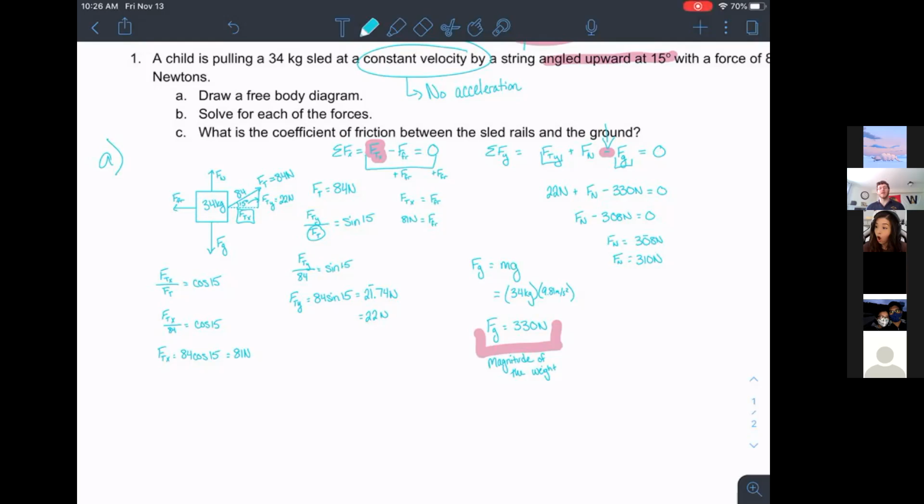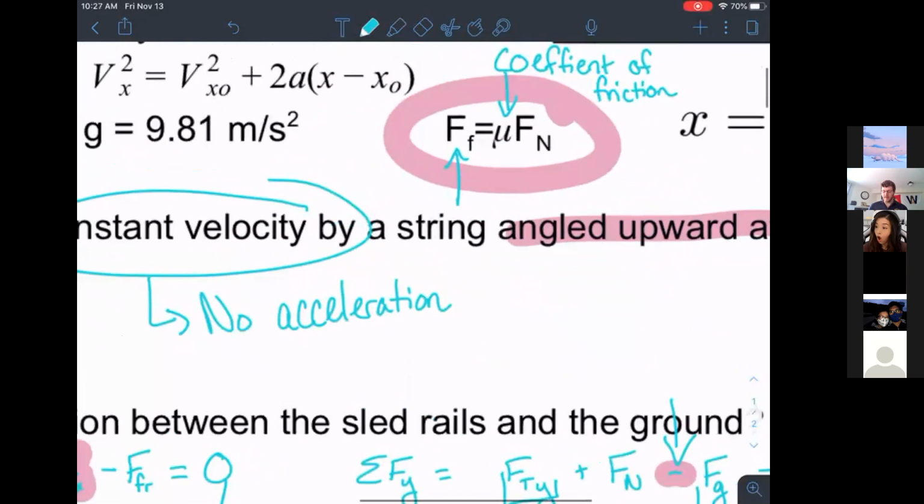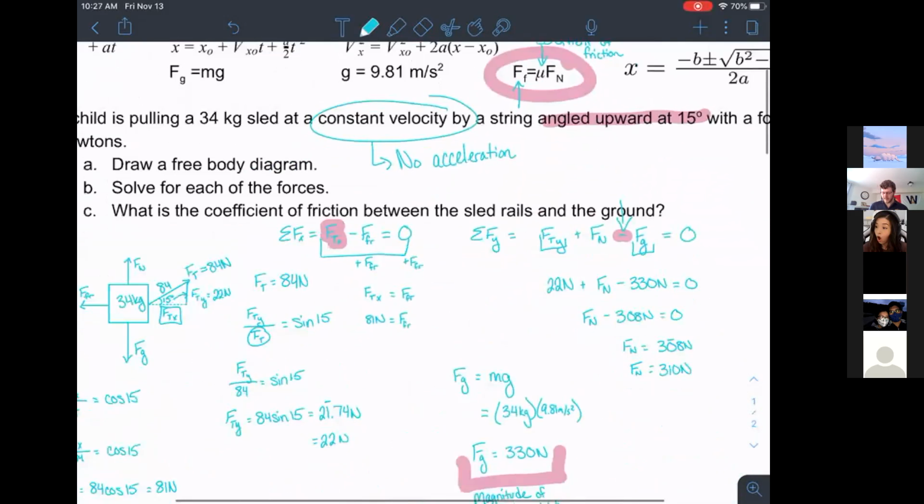Now part C, our wonderful part C says, what is the coefficient of friction between the sled rails and the ground? So for part C, we need to use that new equation up here. The force of friction equals mu times the normal force.